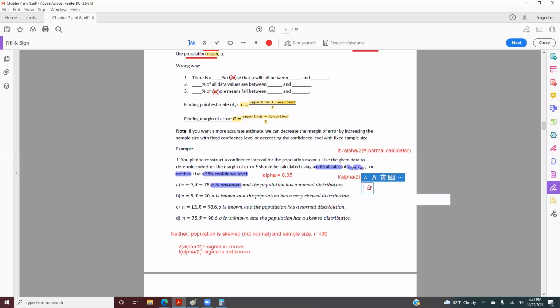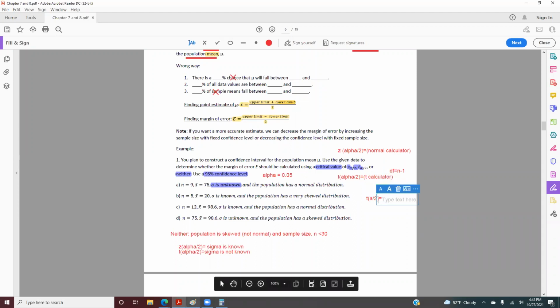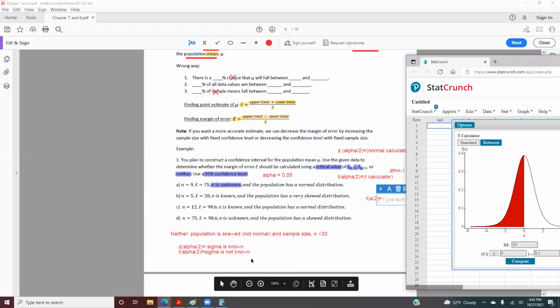So if a question wants you to find the degree of freedom for T, your formula is n minus 1. If you look at this, what is our n here? n in this case is 9. So 9 minus 1 is 8. So your degree of freedom is 8.